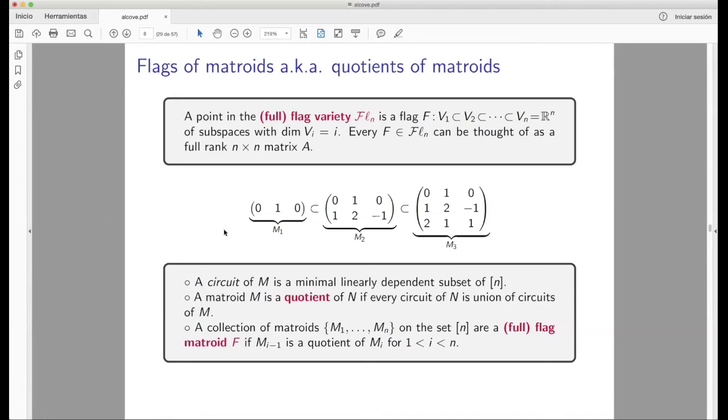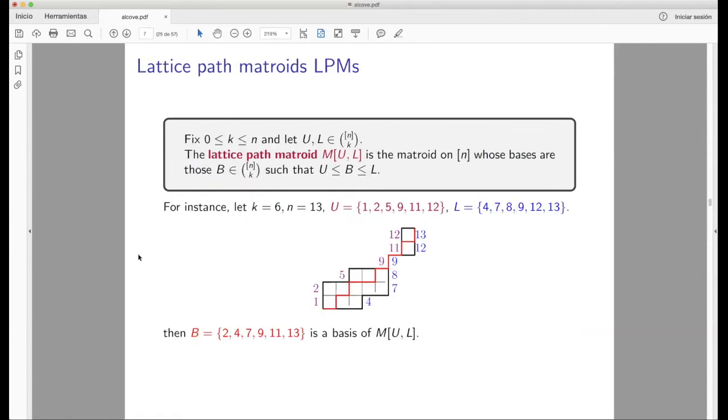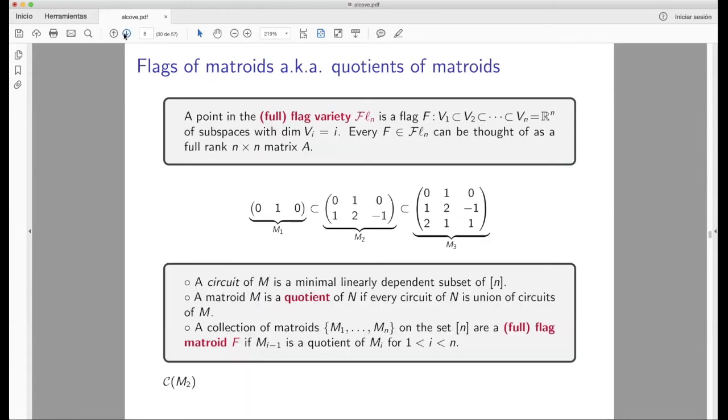And so with this in mind, you can define a quotient of matroids. If you have a matroid M and a matroid N, both on the same ground set, we can say that M is a quotient of N if the circuits of N are unions of circuits of M. So for instance, in this example, the matroid M2 has as its only circuit the subset 1, 3.